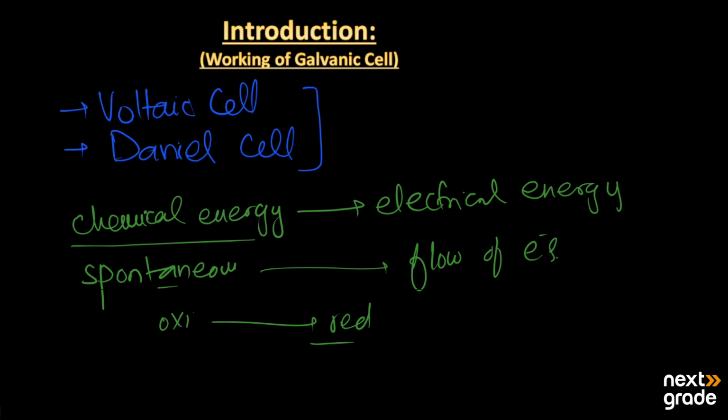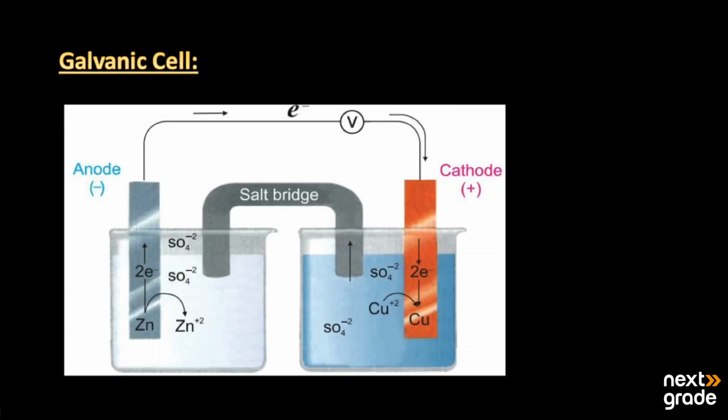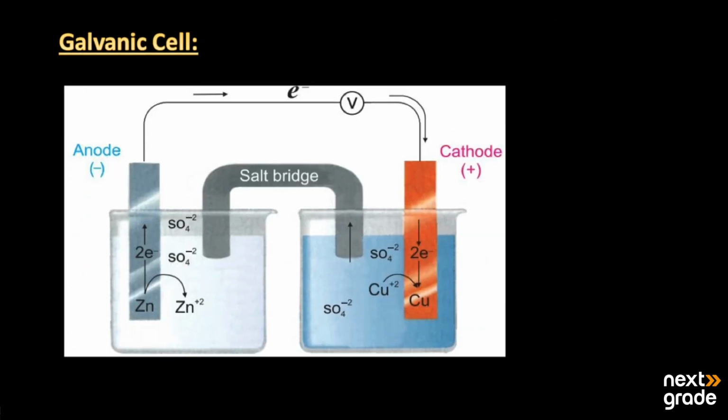So let's have a look at how a galvanic cell works. This is a simple construction of the galvanic cell in which one side is the anode. Here the anode has a negative charge and the other side is the cathode, which has a positive charge.